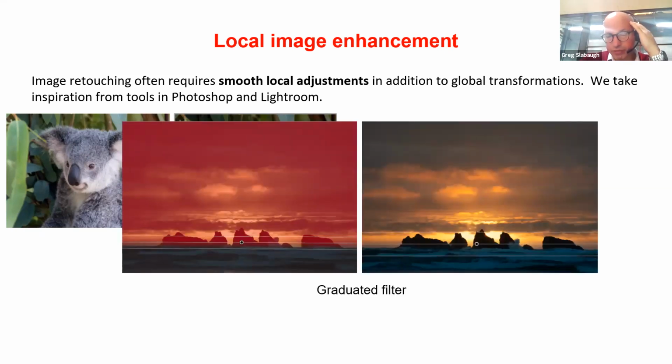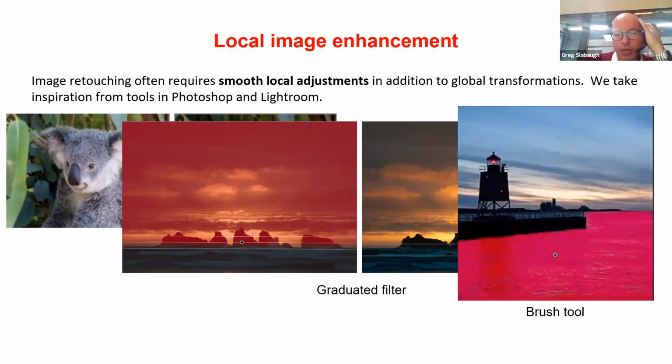Similar thing with the graduated filter. Here we want to estimate these lines, so where do we want to do the enhancement, and how much enhancement to do. And we also wanted to mimic the brush tool, where essentially you draw in a specific region of the image and enhance it, like in a polygonal region or on a regional basis.